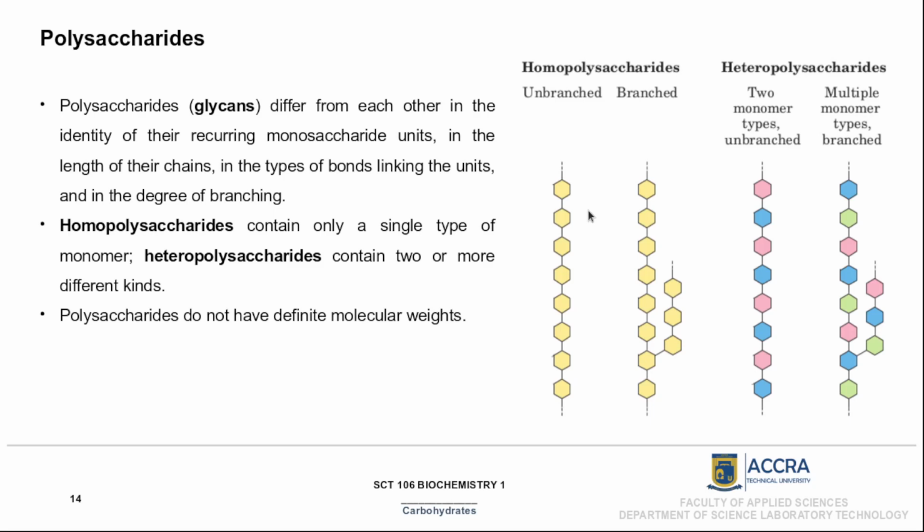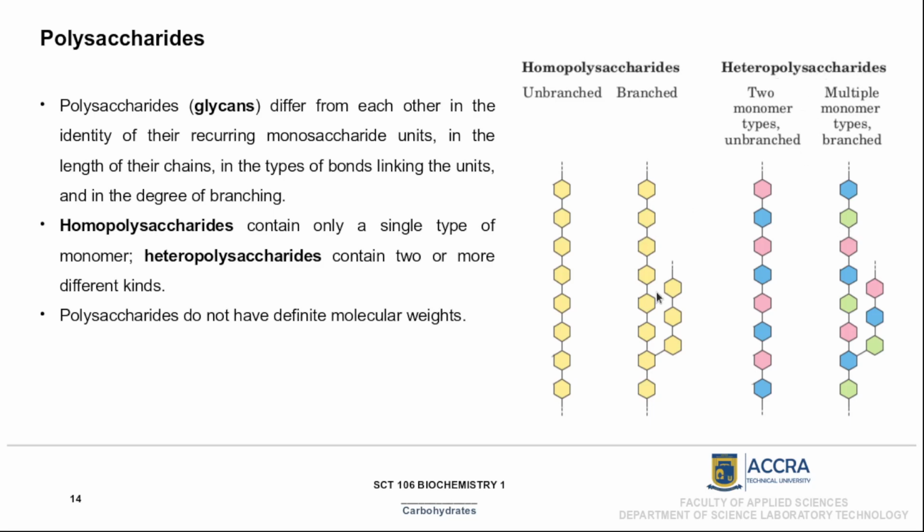If you have a polysaccharide that contains different kinds of monosaccharide units, so for instance glucose, fructose, maybe some derivatives, and acetylglucosamine, such a polysaccharide containing different kinds of monosaccharide units is a heteropolysaccharide.